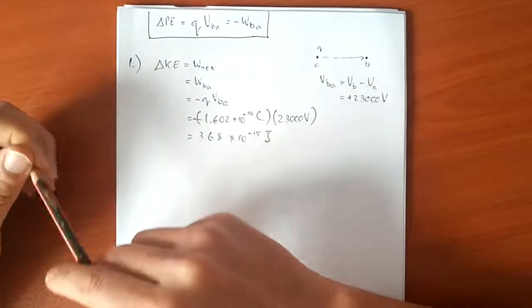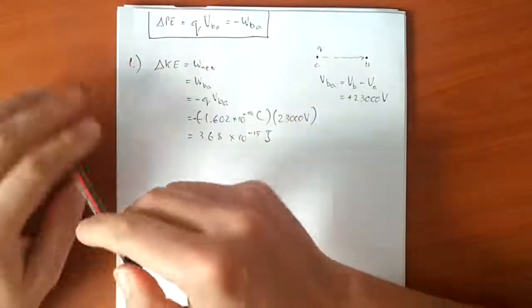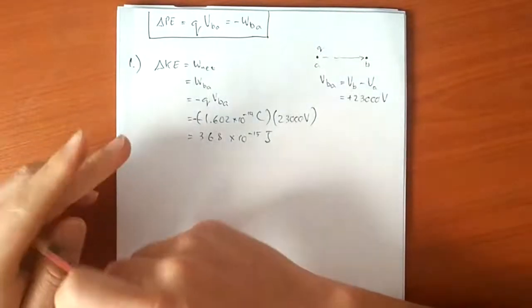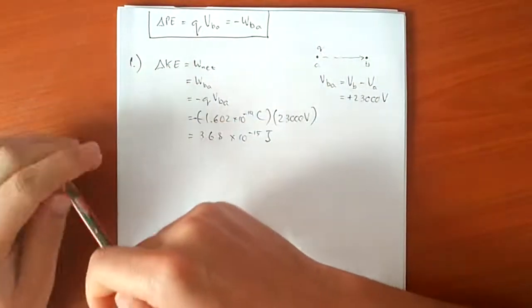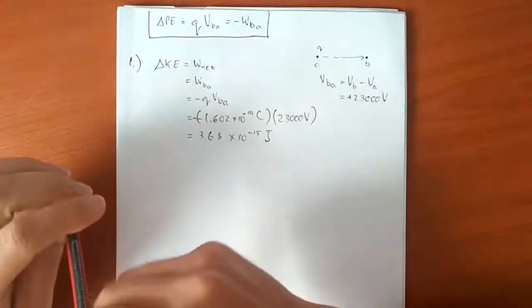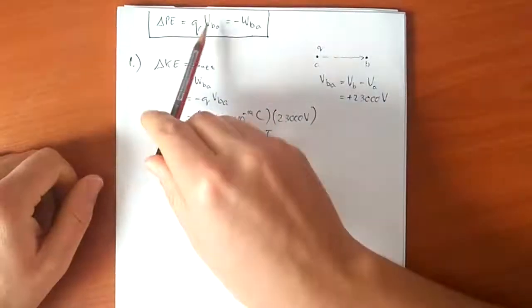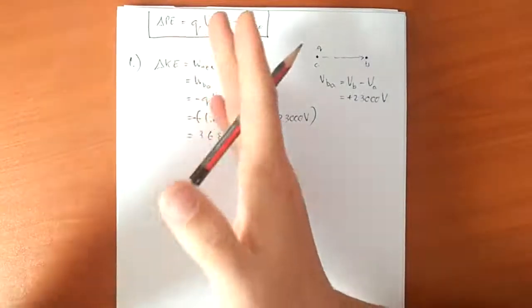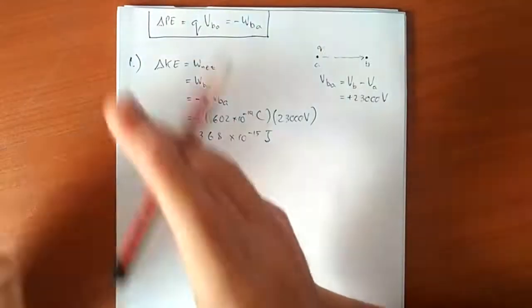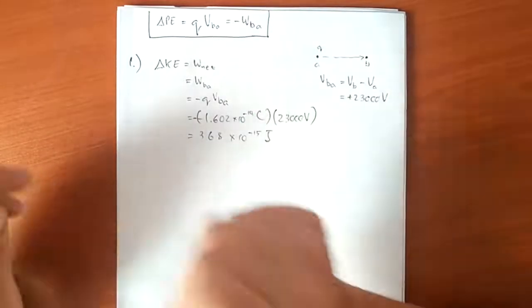Now, an electron volt is simply saying, look, the amount of potential energy that you would lose or gain if the charge magnitude was that of an elementary charge, in other words 1.602 times 10 to the minus 19 coulombs, and your potential difference was 1 volt, let's define that amount of energy as 1 electron volt.